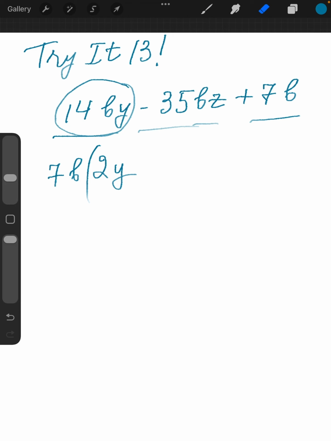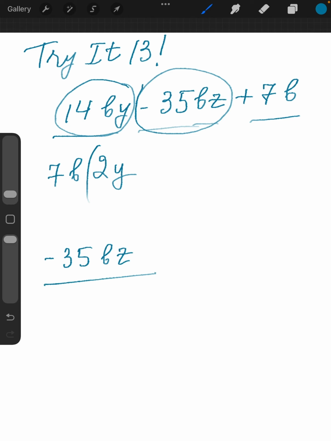Here we go. Then we're gonna divide negative 35bz by 7b, and let's simplify, right? And what's left is negative 5z.